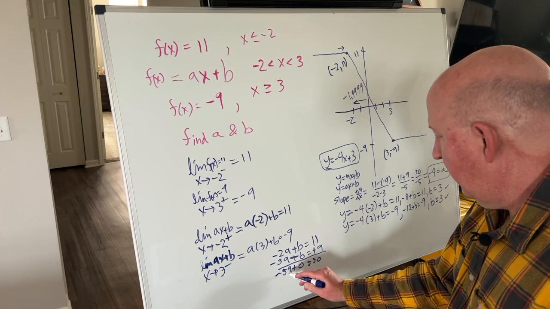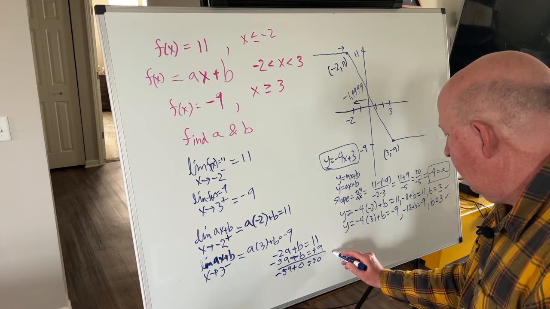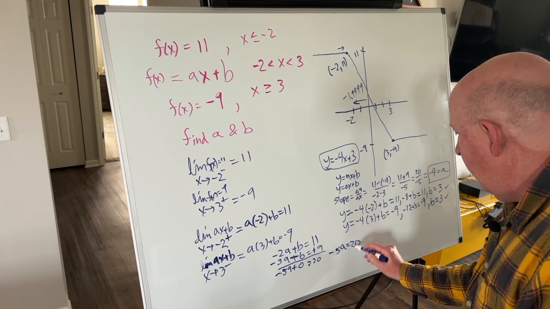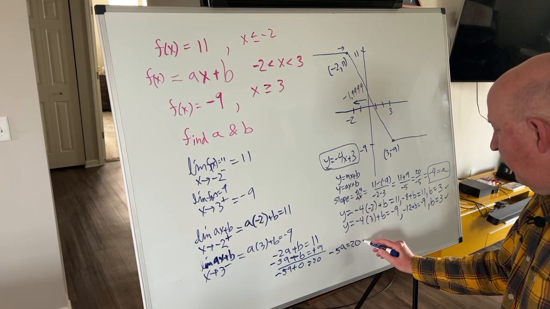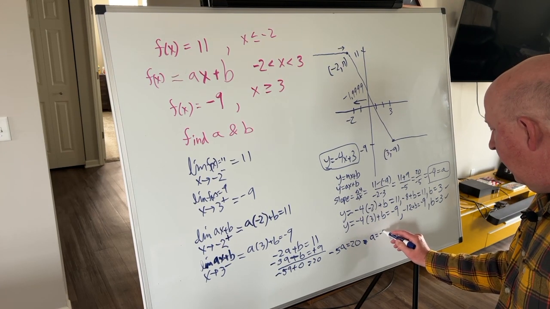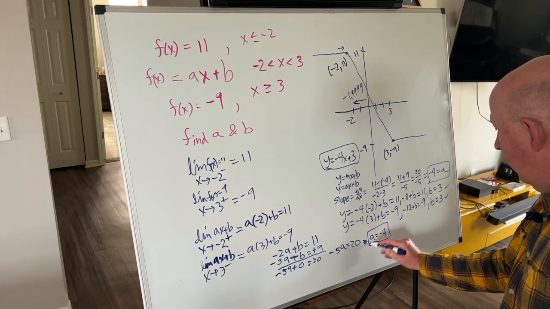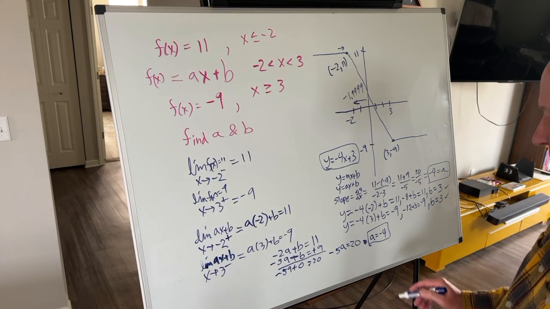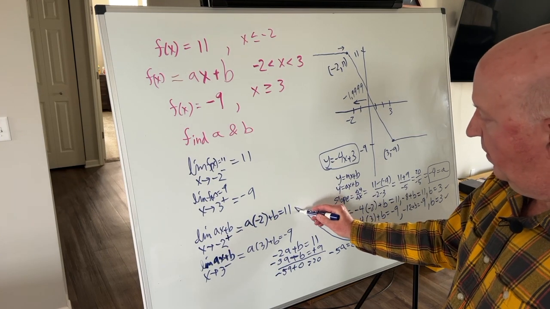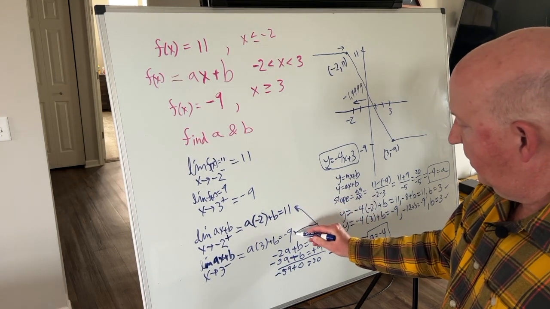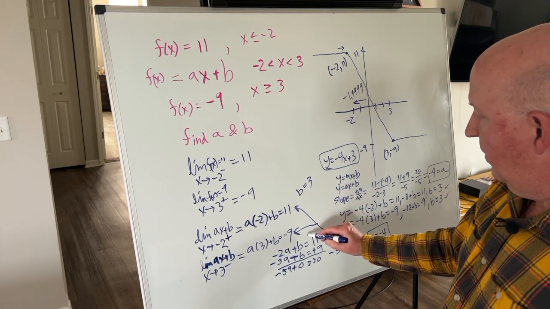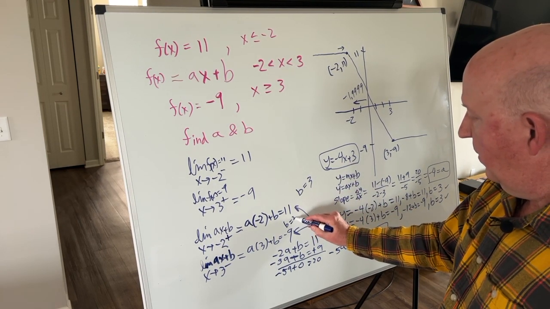And then this will be negative 5a equals 20, and a equals negative 4, which is the same thing I got over here. Then I can do the same thing and plug these in here, and I will get b equals 3 for both of those.